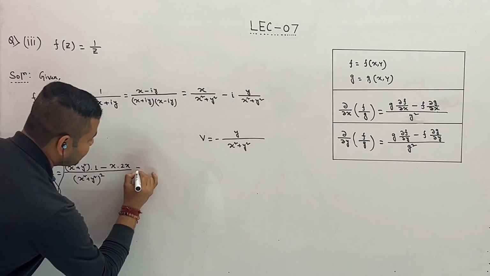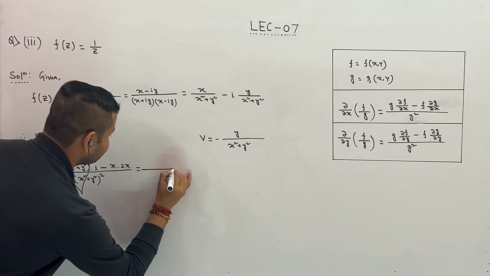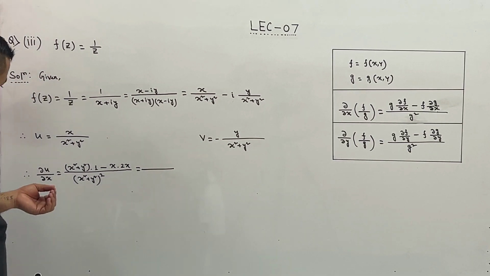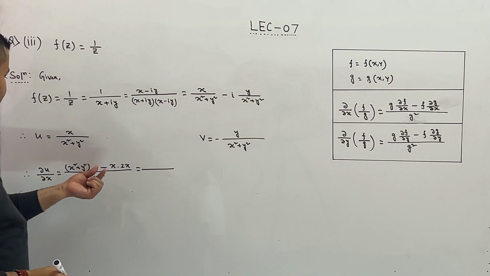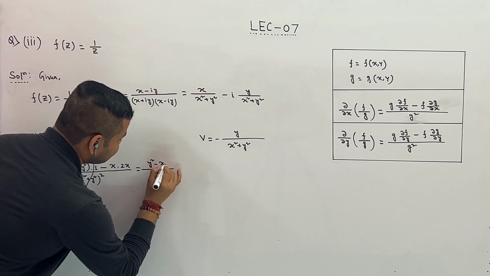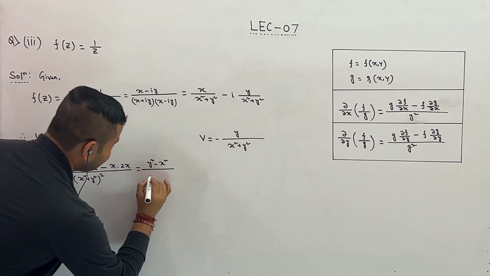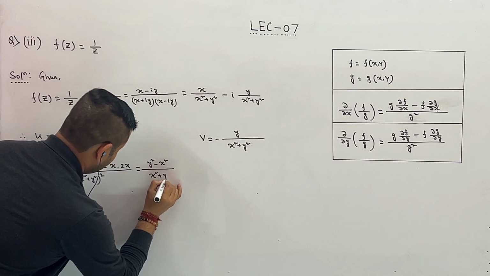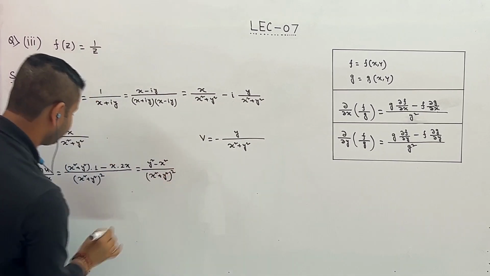Now, let us further simplify. If we simplify, then we will get y square minus x square divided by x square plus y square whole square.